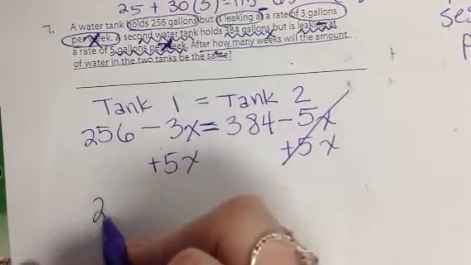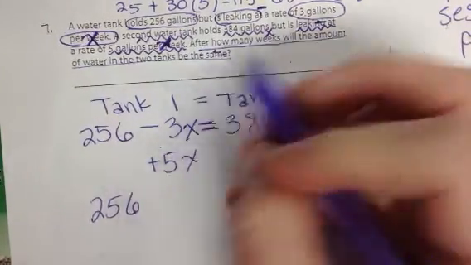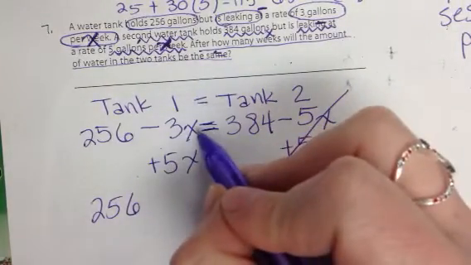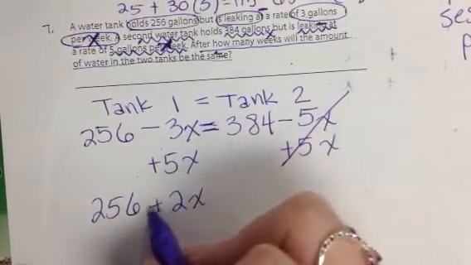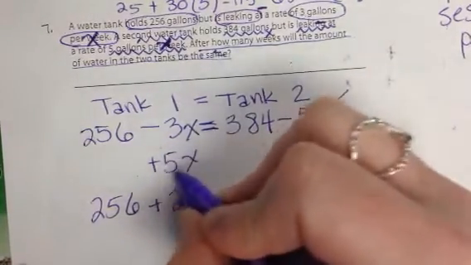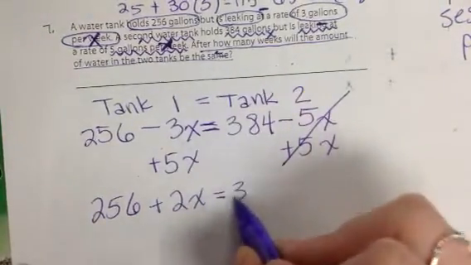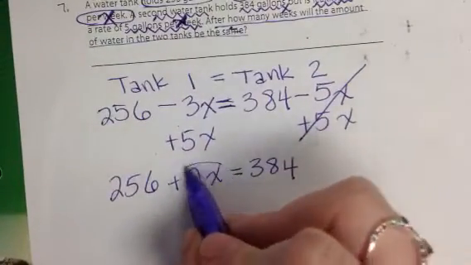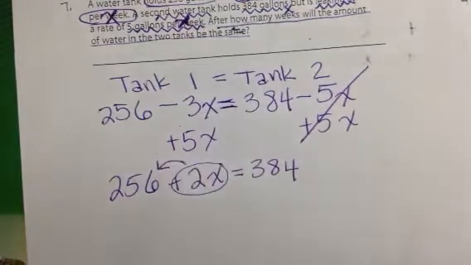I still have 256 in the front. I work this step, and this is like 5x minus 3x. I get a positive 2x, which is why I'm putting a plus. I had more positives than I did negatives. Okay, so I go find my variable again. It's attached. I don't want this number on that side.